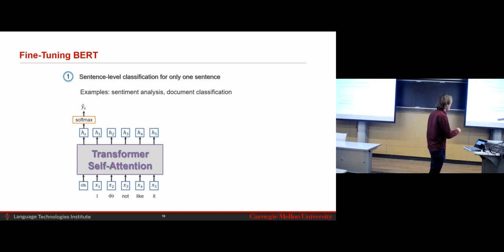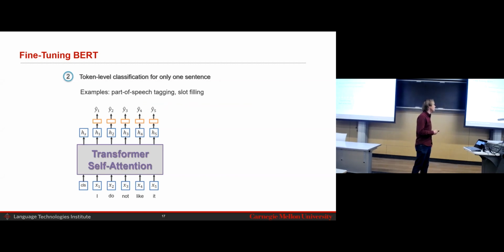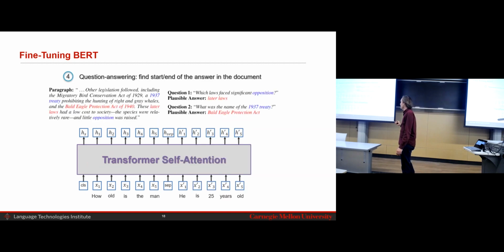But it can be used for encoding one sentence, or it can also be used if you're doing any kind of token-level or word-level prediction. That can be like part of speech tagging or slot filling, for example. Now, if you have two sentences, that's the one I tried to explain at the end of the class, and I said, let me come back to that one, so that you can do fancy things with this.